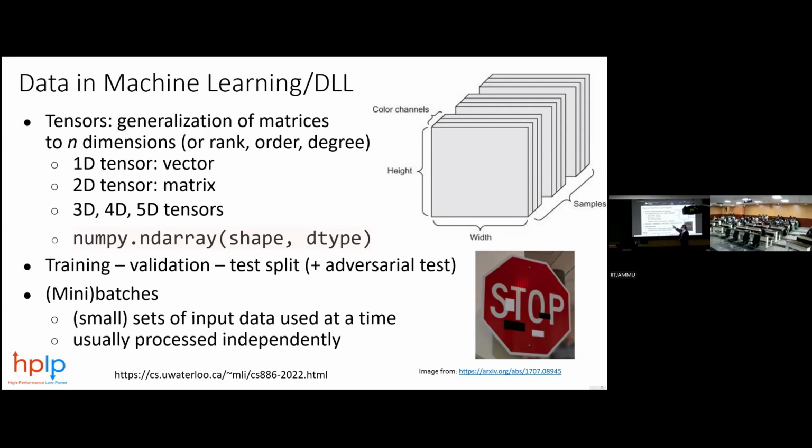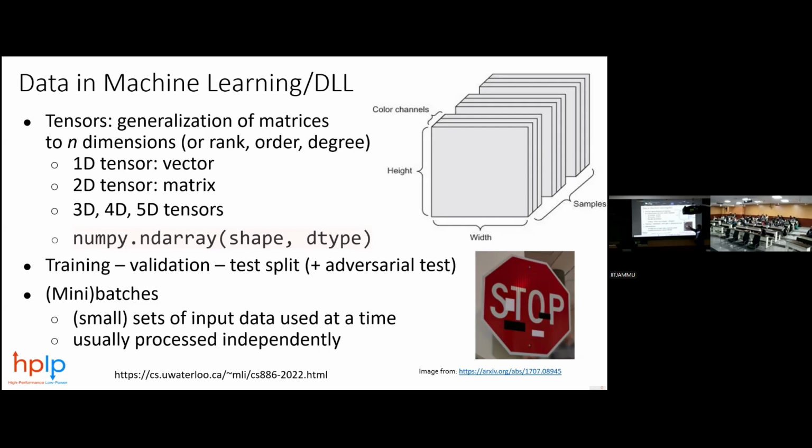There are also concepts, a little bit beyond the scope of this class, such as adversarial tests, where some networks are very prone to failure if you mess around a little bit with the image.